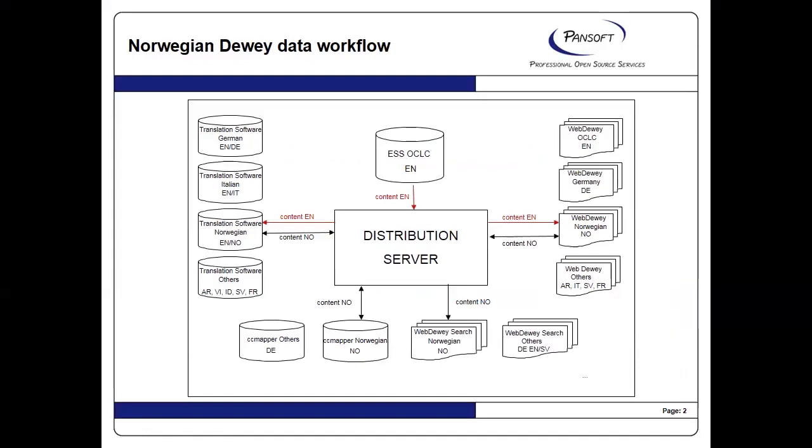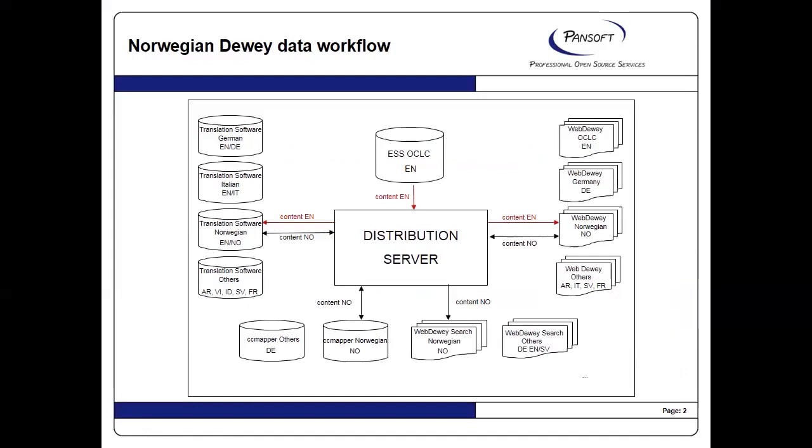And from the distribution server, the English content is going left to the translation software of the Norwegians. On the left side, there are many more instances of the translation software. Beside the Norwegian translation software, we also have the Italian, German, and much more. The Norwegian team makes the translation from English to Norwegian of the GUI data.